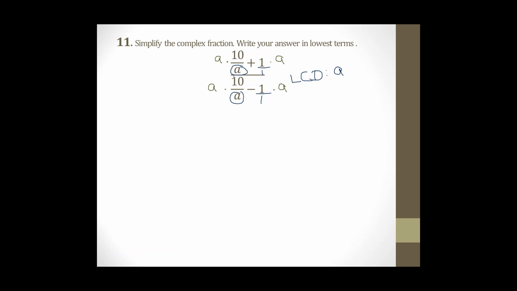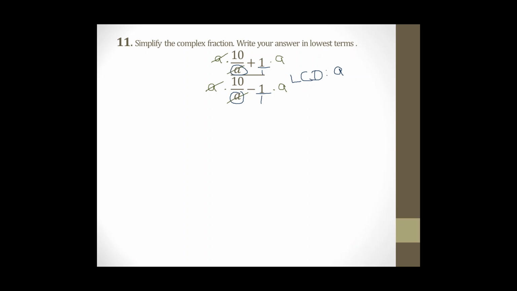So now I can cross cancel the fractions right here. The a in the denominator and the a in the numerator cancel out. Right here nothing cancels. Then again here the a in the denominator and the a in the numerator cancel, and nothing cancels here.